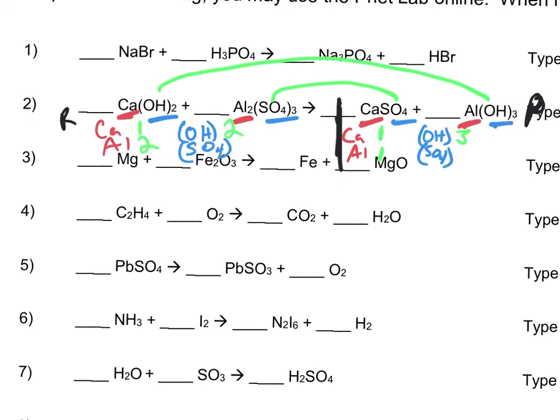Okay? And then for sulfate, this is fun. Sulfate is SO4. That's the polyatomic ion. Again, you do not have to know that. You don't have to know the names of those, but I want you to recognize what to do with this. Inside the parentheses, you can't touch, but there's a 3 outside the parentheses, and that 3 means I have 3 of those ions, 3 of the sulfates.